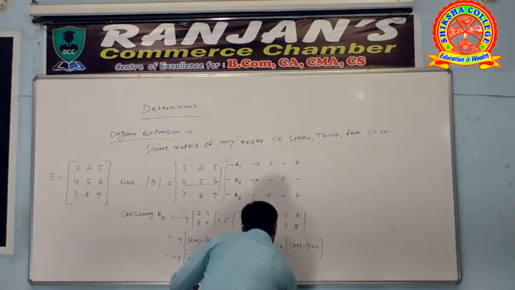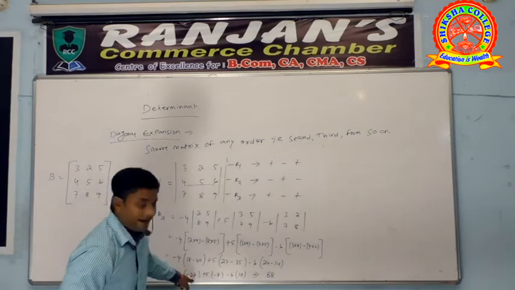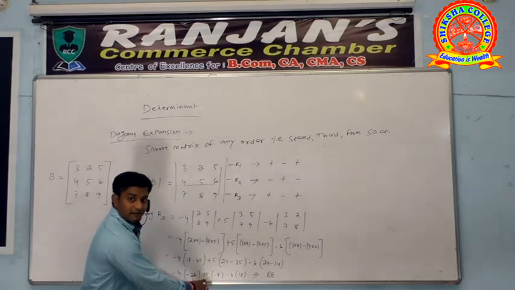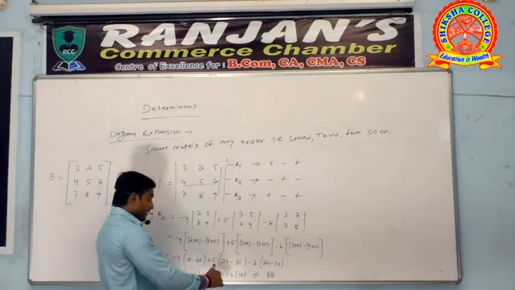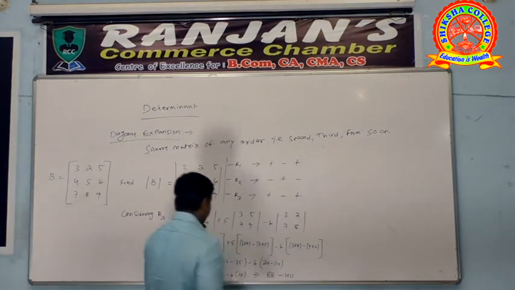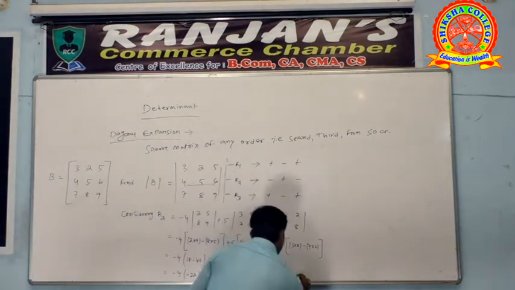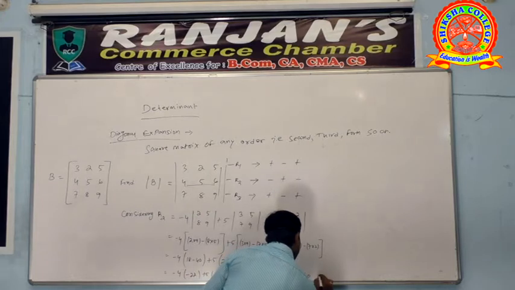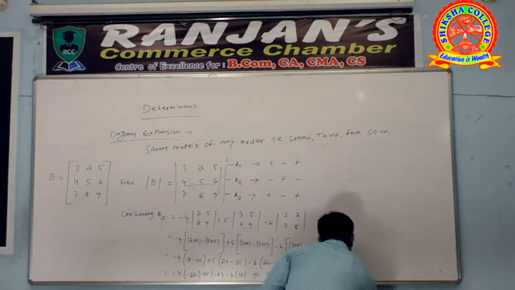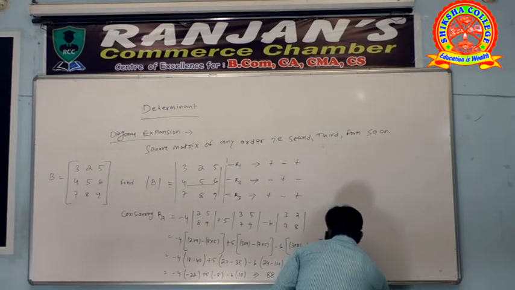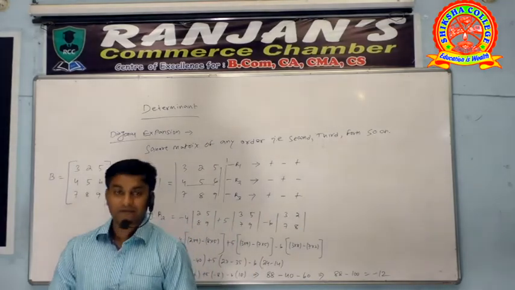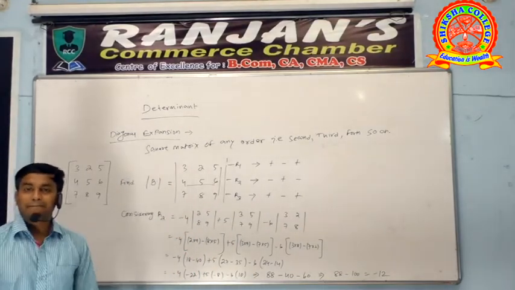That is plus 88. Now see, here plus 5, here minus 8. So plus minus, minus 8 5s are 40. Now minus 10 6s are 60. Then what left? Plus 88 minus 100. That comes minus 12. Okay.